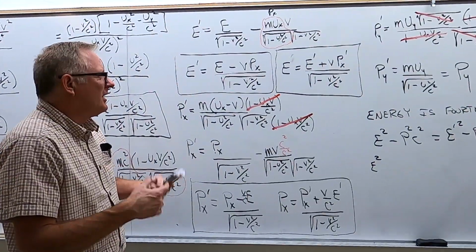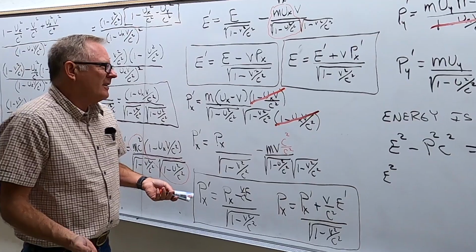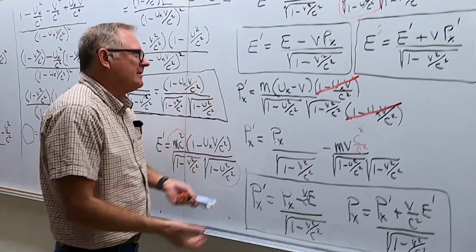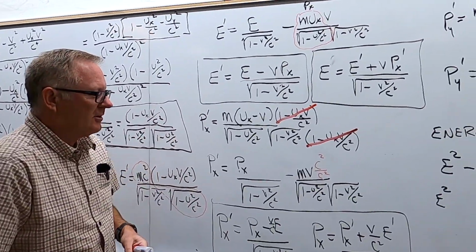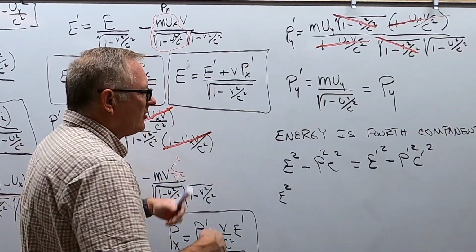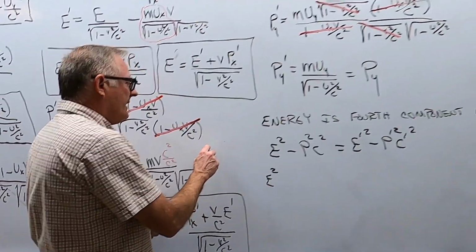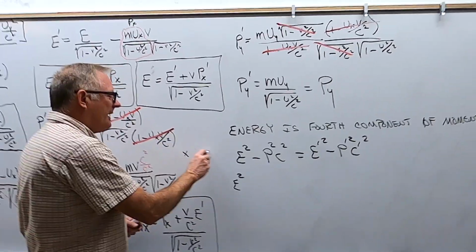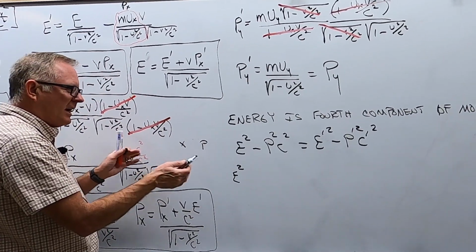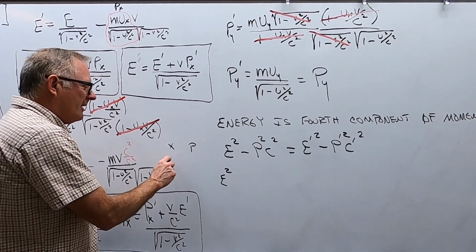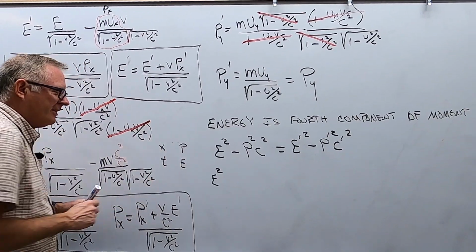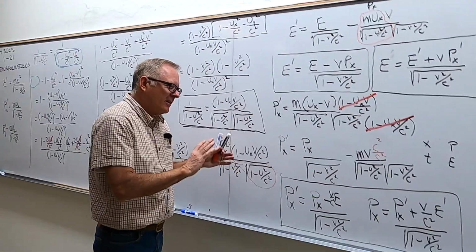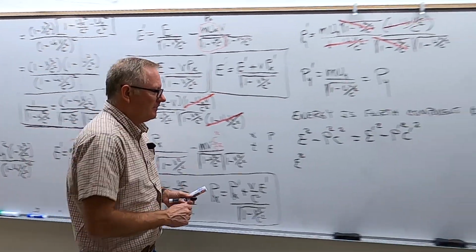And so x and t act just like momentum and energy right here. Even in quantum mechanics, the x and the p have some sort of strange tie to them. Same with the time and the energy right here. They're kind of related somehow right there.